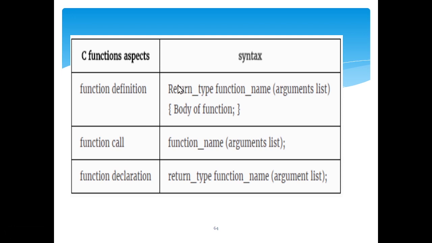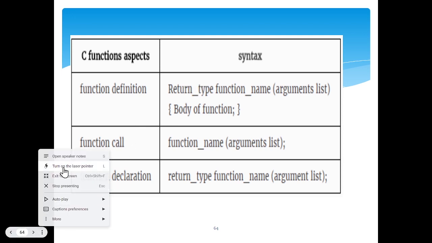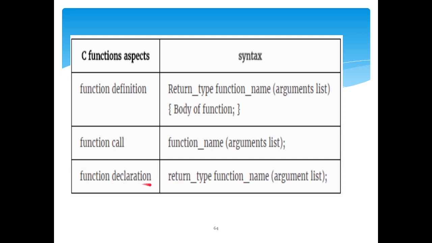The basic syntax for function declaration is: the return type and the function name. Return type is nothing but void, int, etc. And the function name, whatever name you want, then the arguments list, which contains a set of arguments.